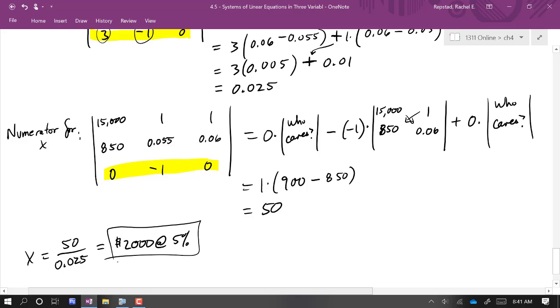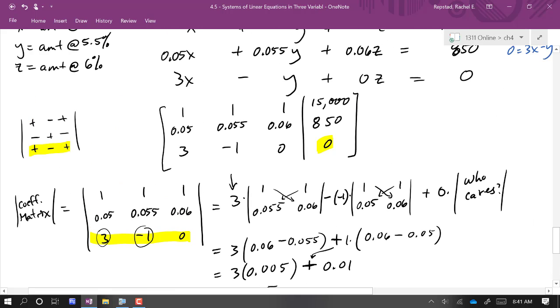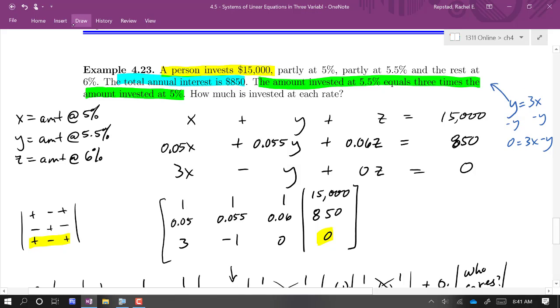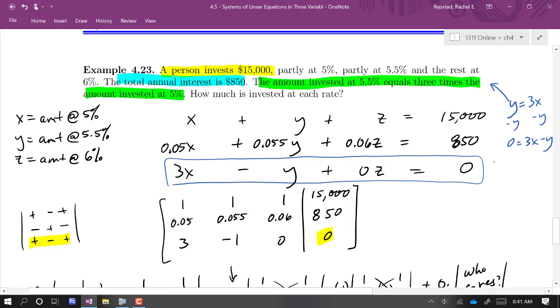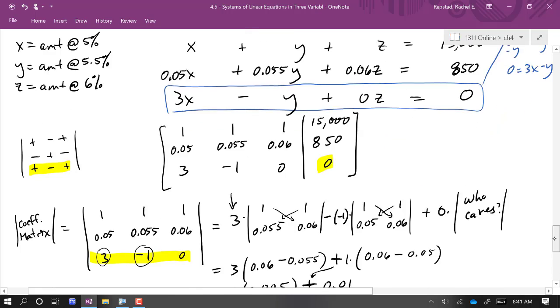Now we actually don't need to find any more determinants, because if you look at our system of equations, I know the value of x. This last equation just relates x in terms of y, and in fact, maybe it even makes more sense to use this form of the equation first, right? Y is equal to 3 times x.